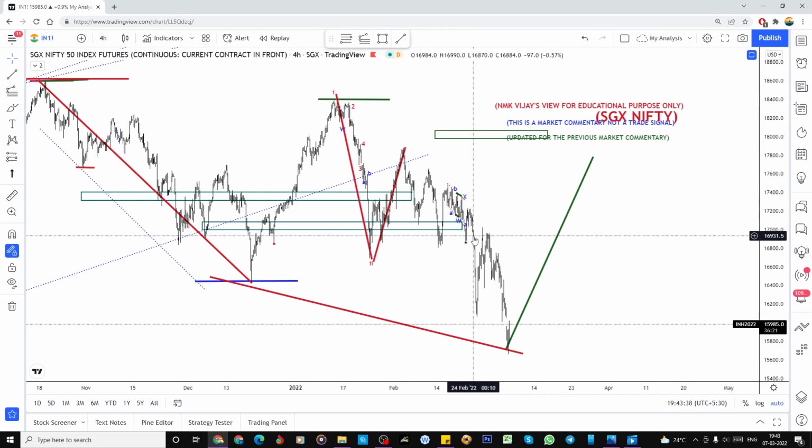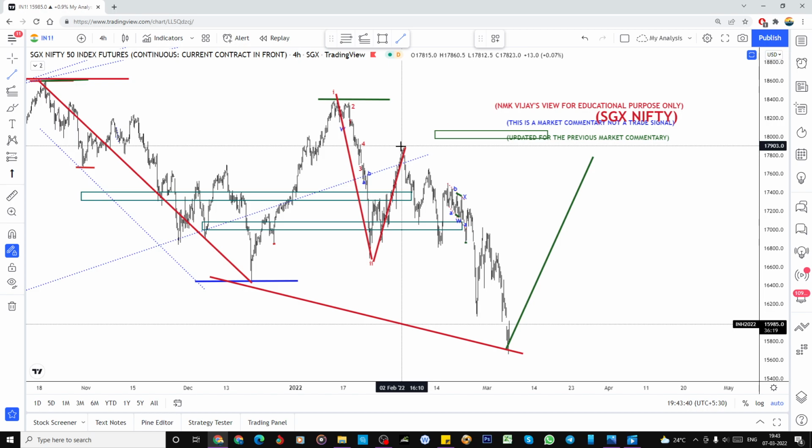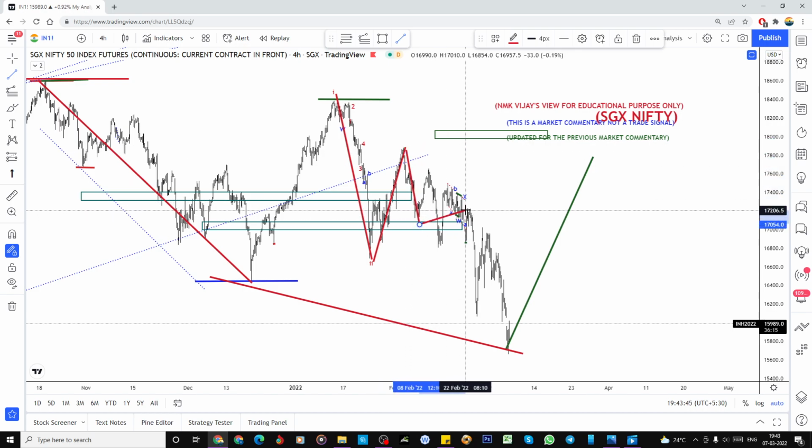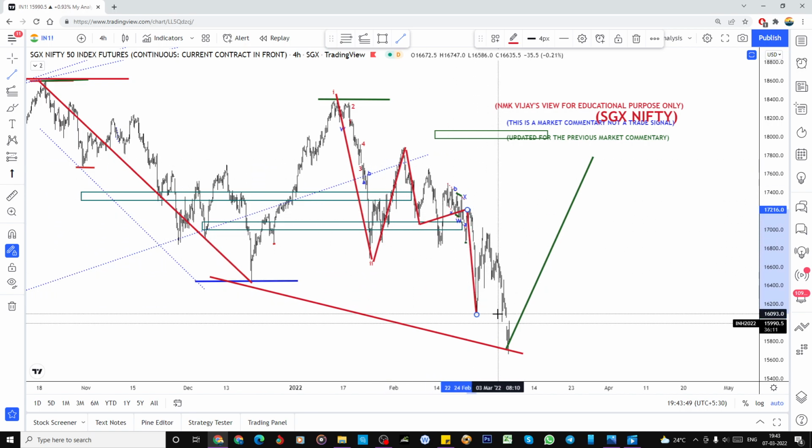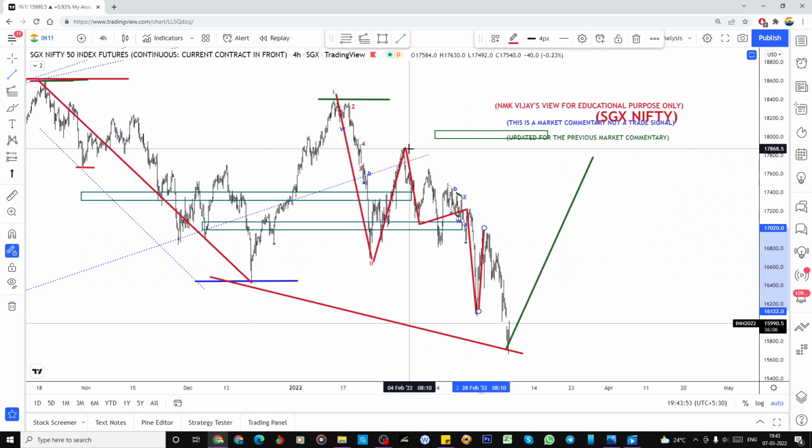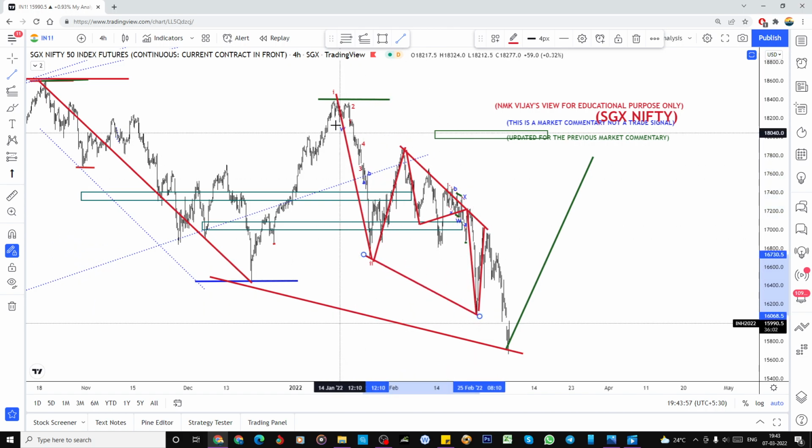Now what I think here is, this one is A, this is B, and this is C. So this is an ABC, meaning from here I need one, and it is already dead. This could be the connecting wave, and this impulsive wave it did here.